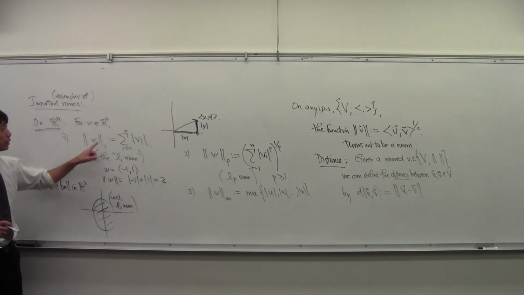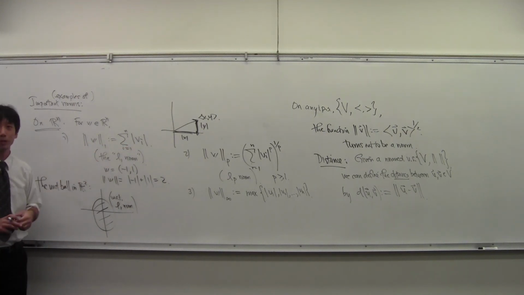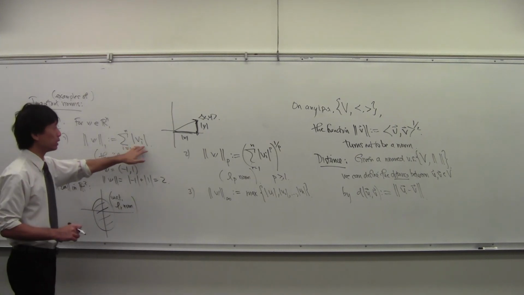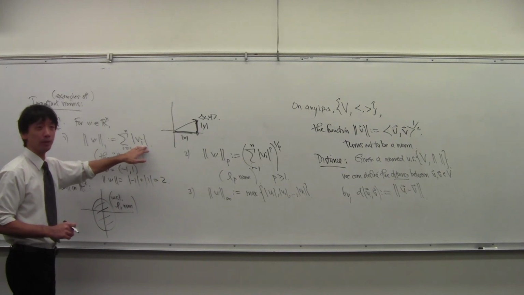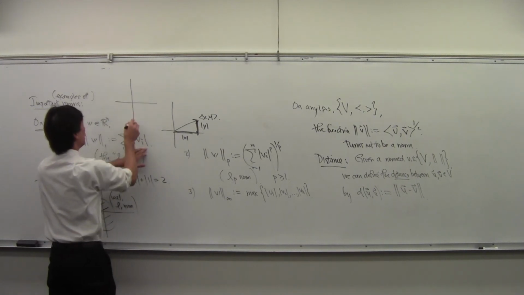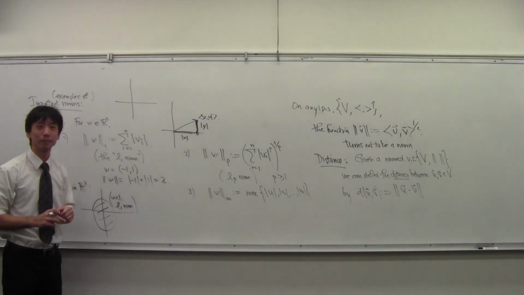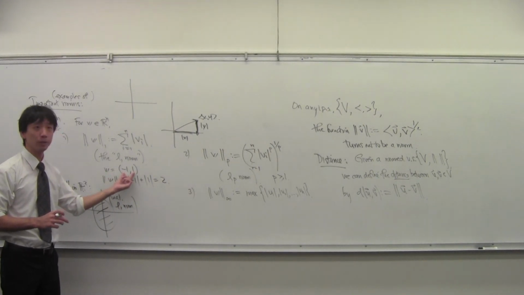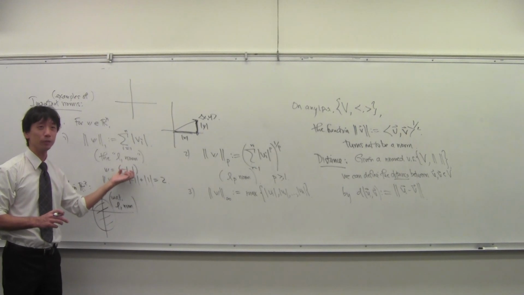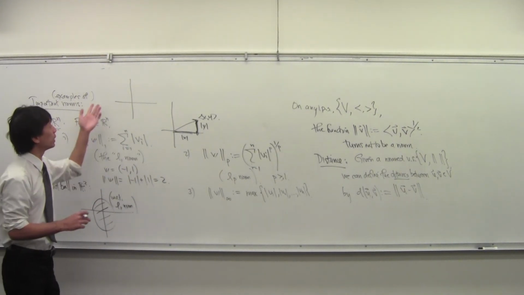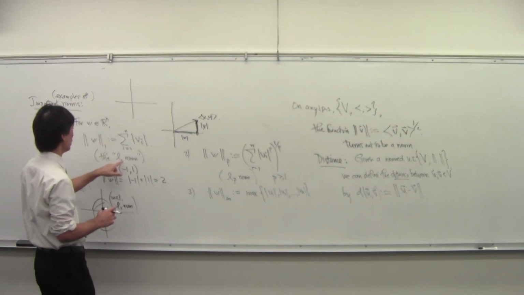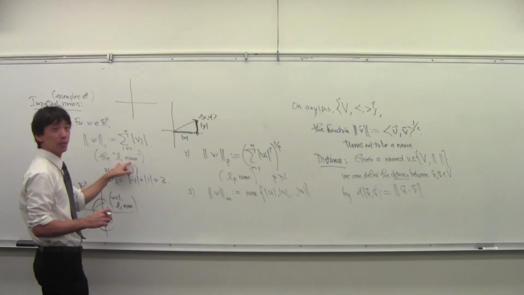What about with respect to the L1 norm? What does the unit disk look like? It'll be everything of size 1 or less, right? So what kind of vectors have size 1 or less with a little L1 norm? Well, the sum of the absolute values of the entries would have to be 1 or less, right? So somebody tell me some points that are in the L1 unit disk.